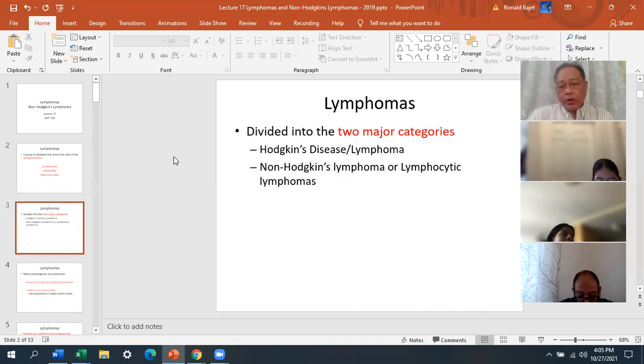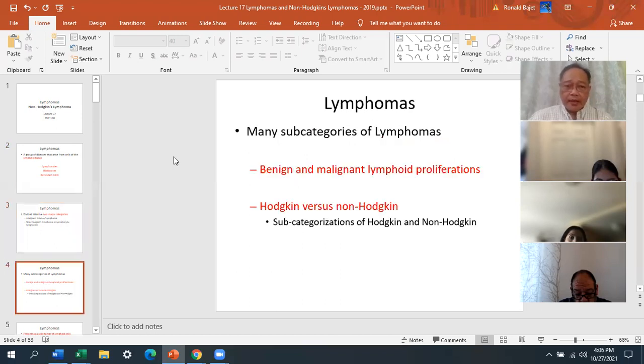Two major categories of lymphomas. You got the Hodgkin's disease or Hodgkin's lymphoma, and the other one is non-Hodgkin's lymphoma or lymphocytic lymphoma, okay? Subcategories of lymphoma, they can be either benign or malignant lymphoid proliferation, or you can get Hodgkin's versus non-Hodgkin's disease. And I'll show you how the actual Hodgkin's disease is identified.